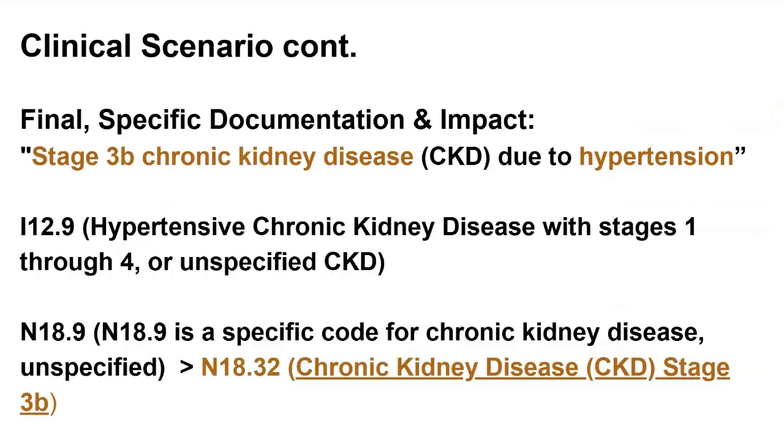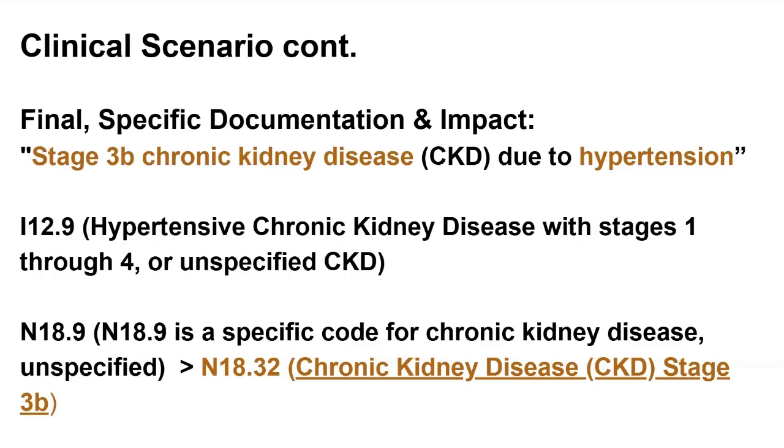So now I12.9, hypertensive CKD stages 1 through 4, would be appropriate. Why? Because this specific ICD-10 code is for stage 3B. Now, if this patient had end-stage renal failure or stage 5, then we'd be using I12.0 as the combination code.